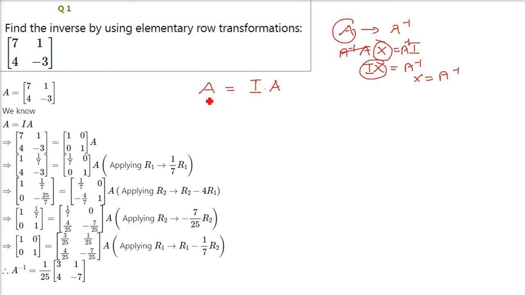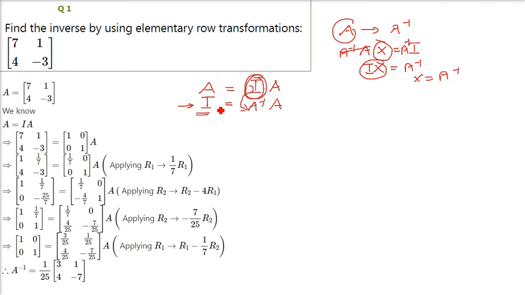When you convert this A matrix in any way to the identity matrix, then the I on the right hand side will be A inverse, because you can only get an identity when you multiply the value with its inverse value. For example, A multiplied by A inverse will only give you I.